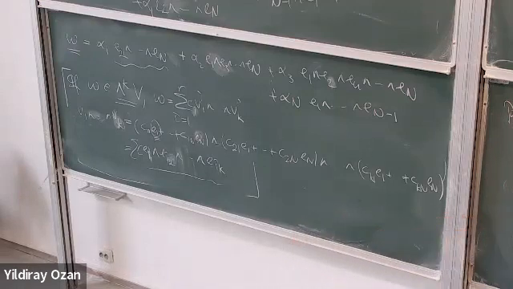Any n form can be written as like this, E1 up to the n, right? Sums of things like this.